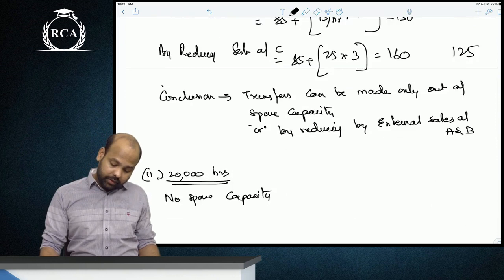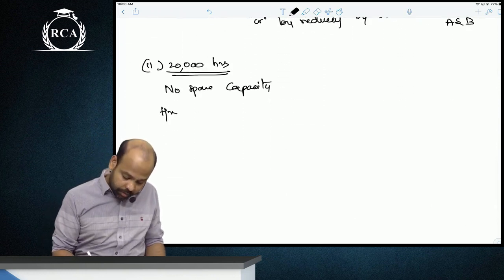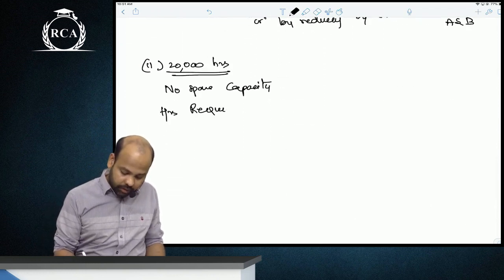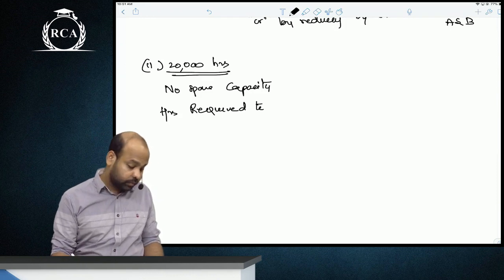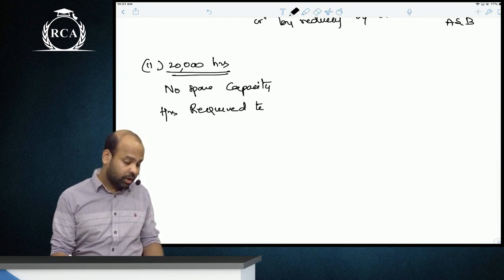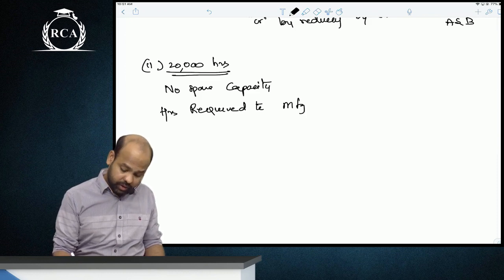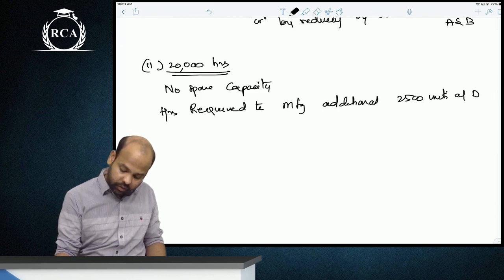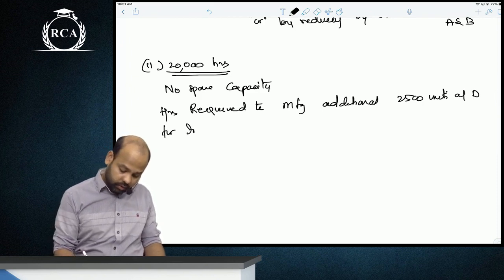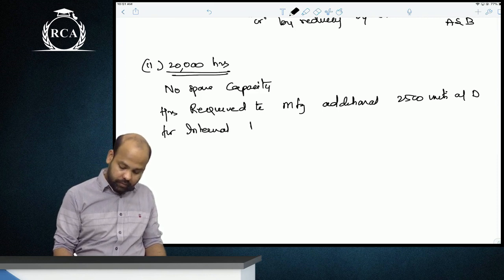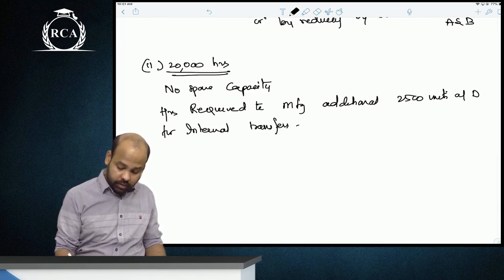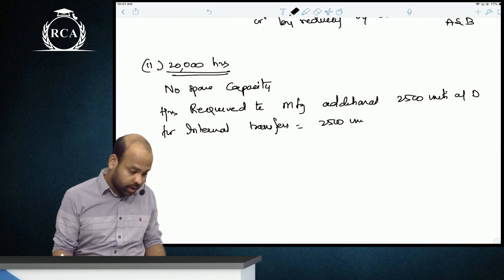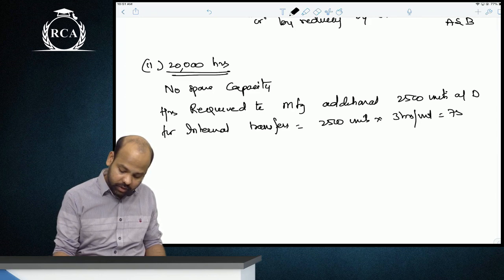So here, the number of hours required to manufacture an additional 2,500 units of D for internal transfers would be 2,500 units into 3 hours per unit. We would be needing 7,500 hours.